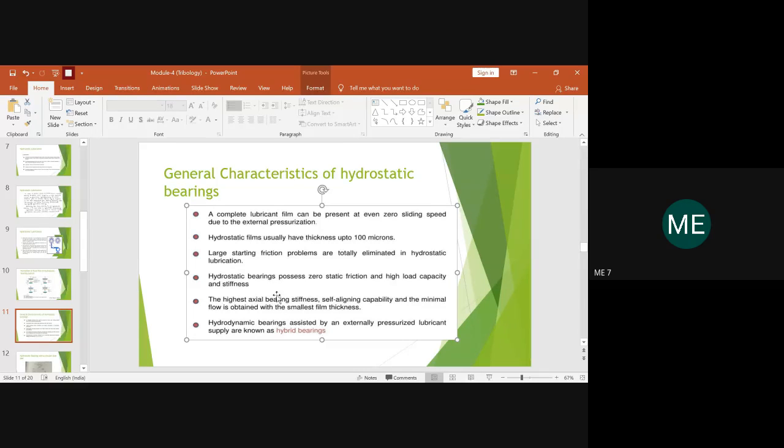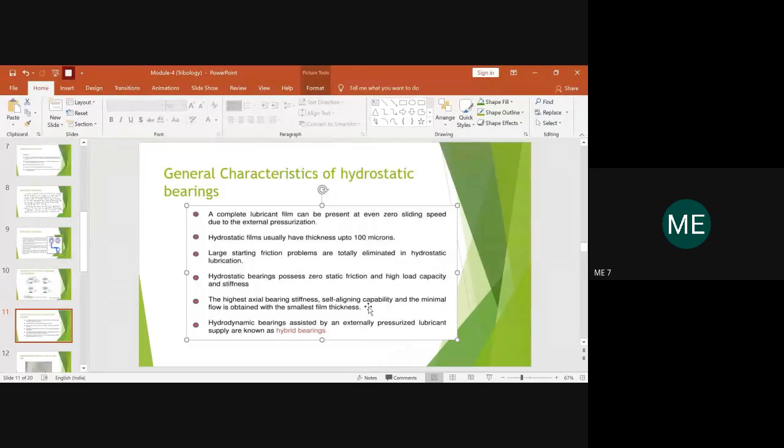And due to the high stiffness value, the self-aligning capability is comparatively good, and it has minimum flow. The self-aligning capability and the minimum flow are obtained with the smallest film thickness. Means to say, even in a hydrodynamic journal bearing, we used to evaluate the minimum and the maximum film thickness.